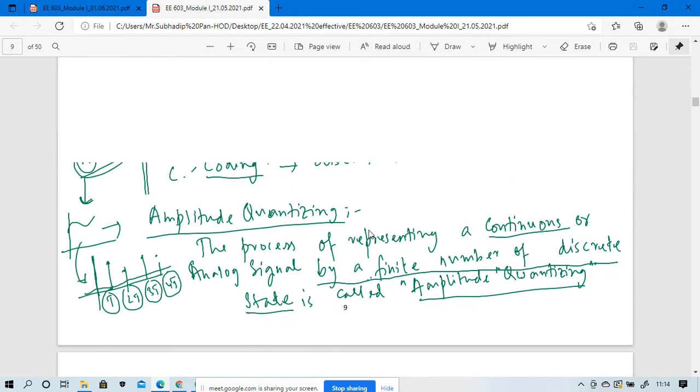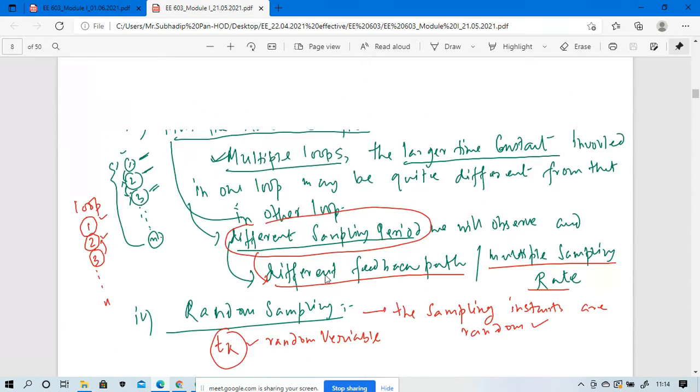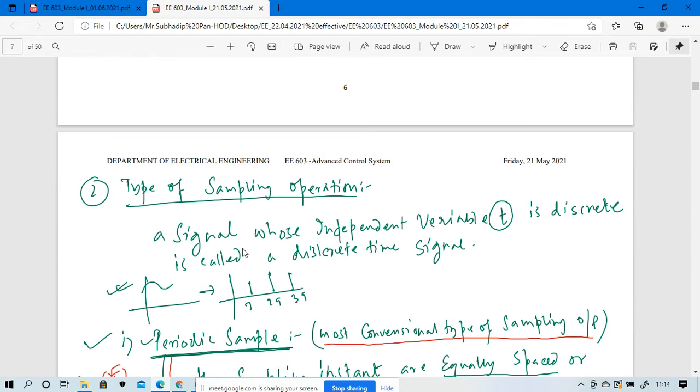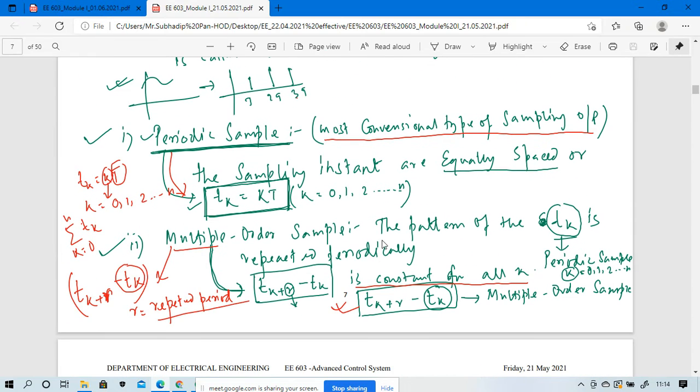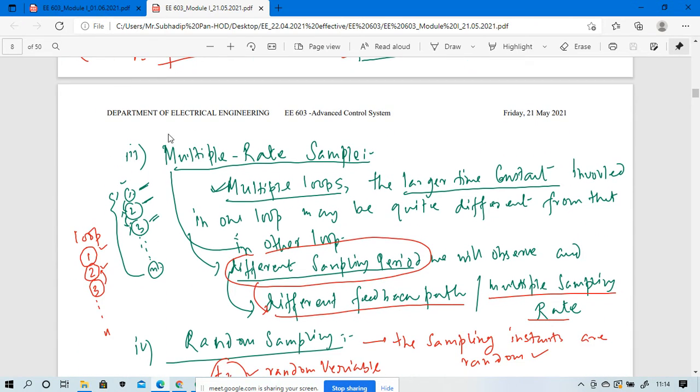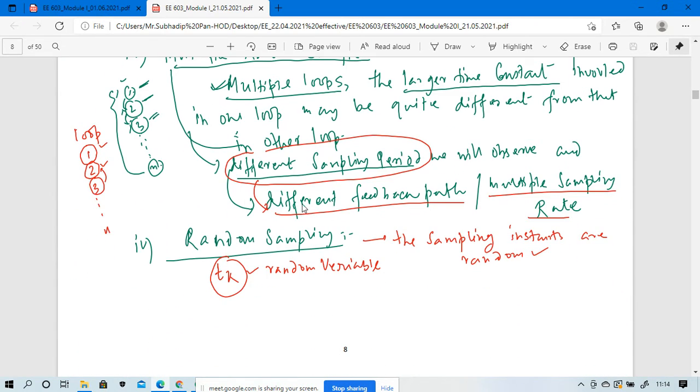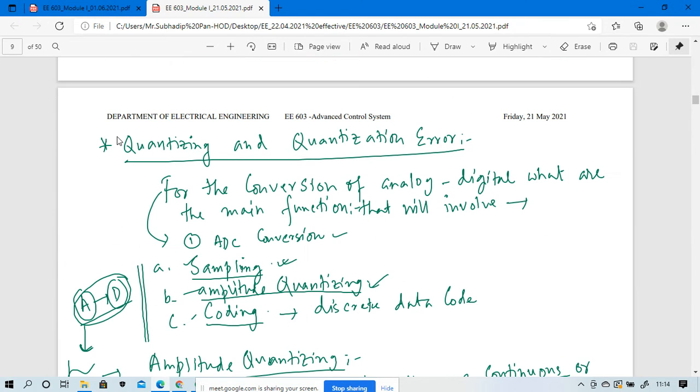In the previous class, we discussed the different kinds of sampling operation: the periodic signal, the multiple order sample, multiple rate sample, and the random sample. We did not discuss the quantizing and the quantizational error, so today we will discuss the quantizational error.